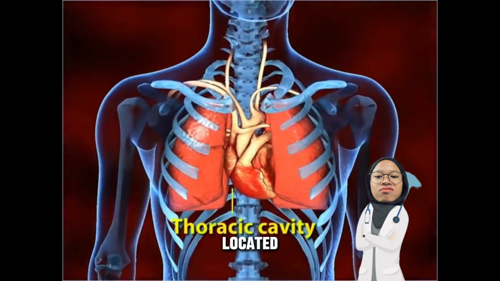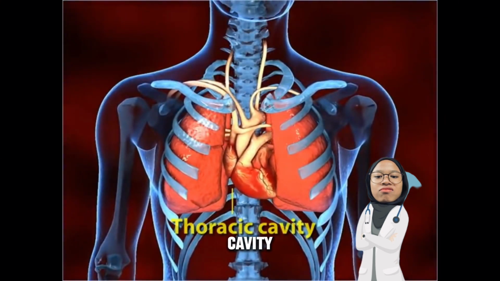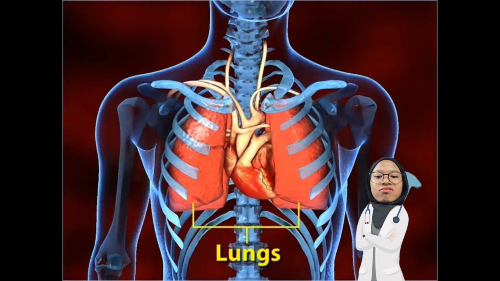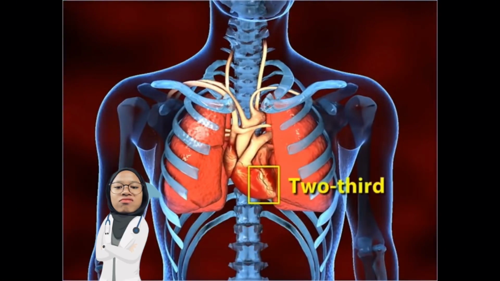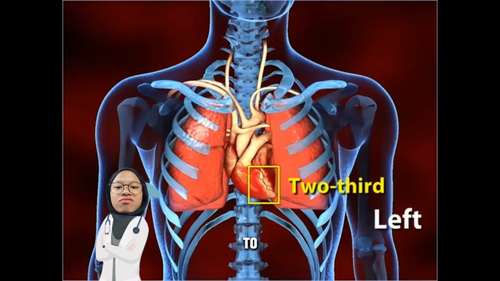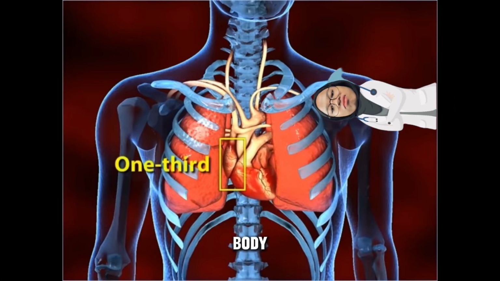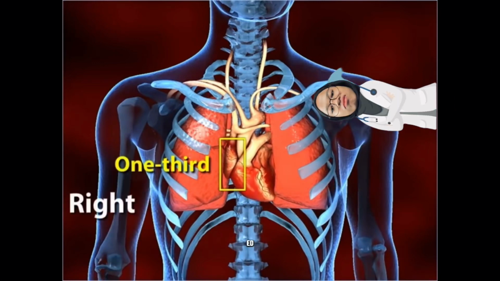The heart is located in the thoracic cavity, in between the two lungs. Two-thirds of the heart is located to the left of the midline of the body, and one-third to the right.